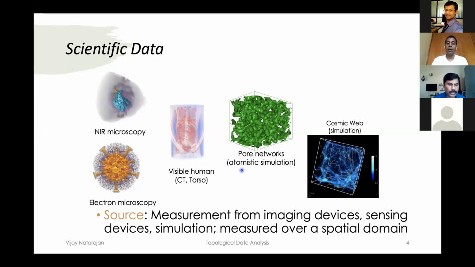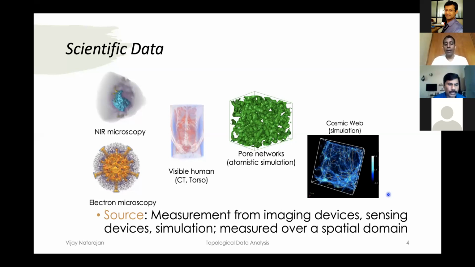For example, here is data from an atomistic simulation, atom level simulations of a sponge-like material, where the material scientist is interested in where are the pores or the air pockets in this material. Simulation also is the choice for cosmologists when they want to study this large-scale structure of the universe.